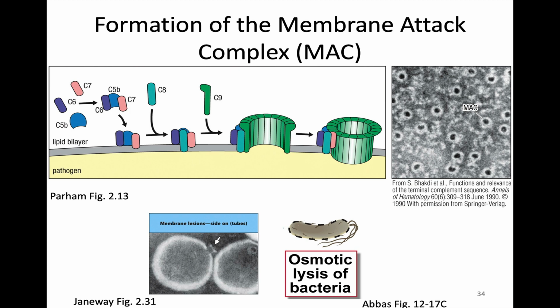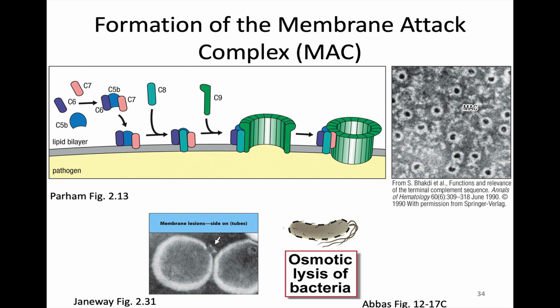Once we've got C5 active, C5 is cleaved into a big piece, C5b, and a small piece, C5a. We will care about C5a again, just like we care about C3a again next week. But once C5b is around, it cleaves all the other numbers. We get a whole bunch of C9, and C9 makes pores in membranes.